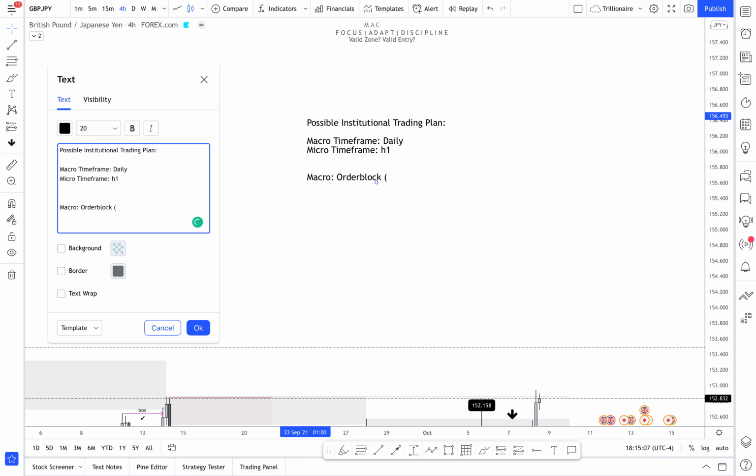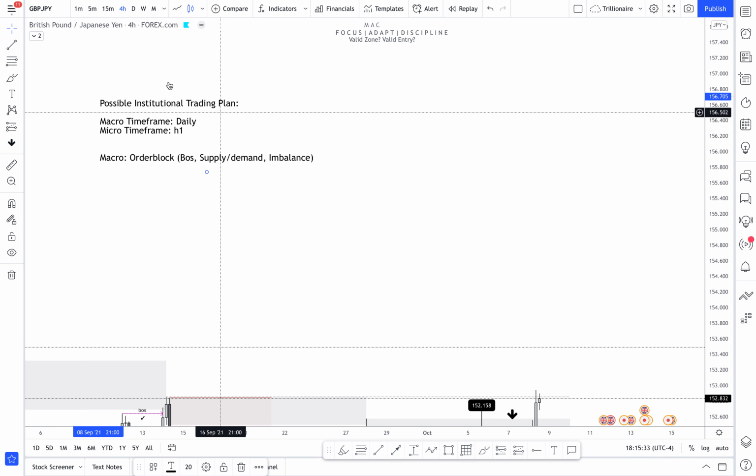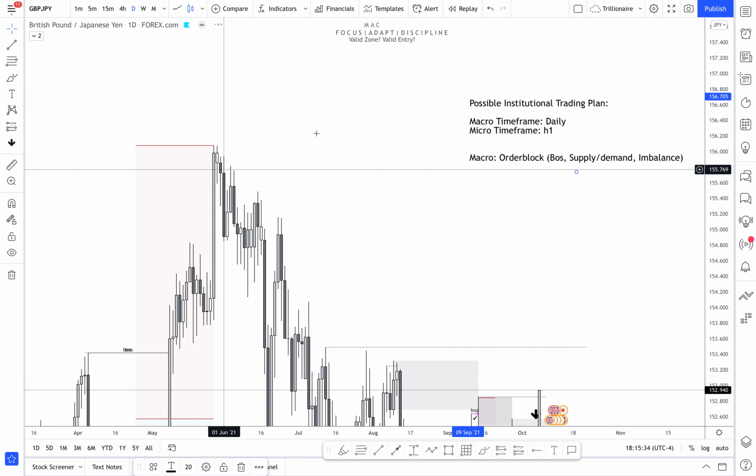Something that is responsible for breaking structure, last buy before the sell, last sell before the buy, somewhere where supply and demand comes into the market. Also, we want some imbalance or inefficiency to be created. That is what you're going to be looking for on your daily time frame, your macro time frame.